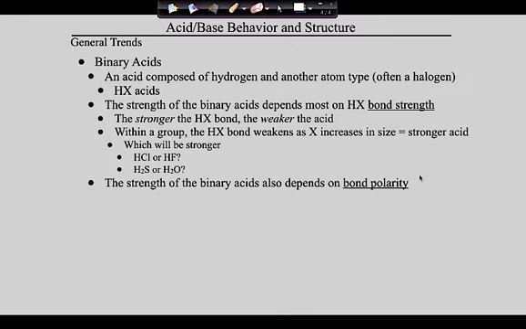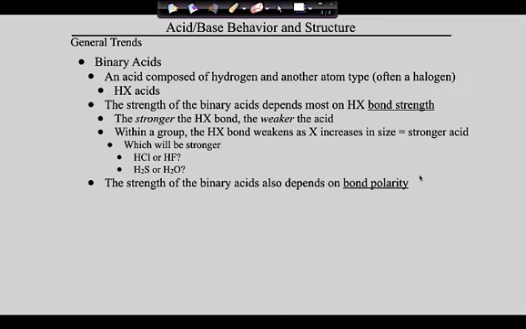And remember the trend. As we move to the right, what happens to their electronegativities? They become more electronegative, making the bond more polar, making the acid, look up at your notes, more polar bonds form stronger acids.